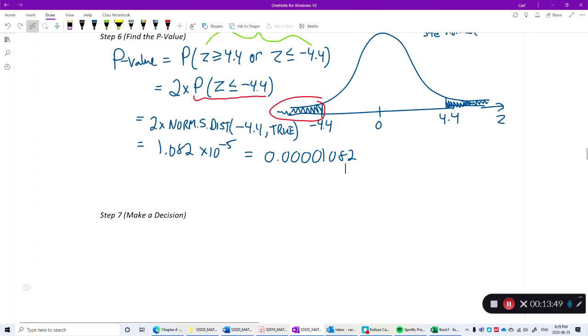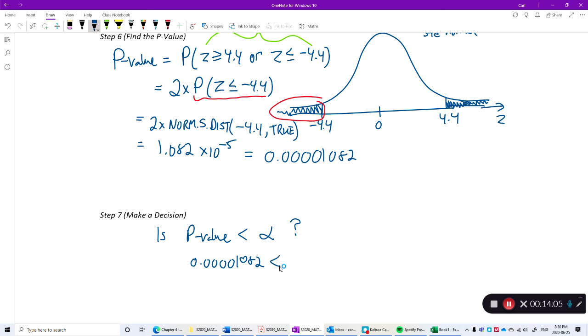So step 7 is, this is the easy part. Is the p-value less than alpha? Because that's what we consider unlikely, right? So is 0.0000108 less than 5%? Yes.